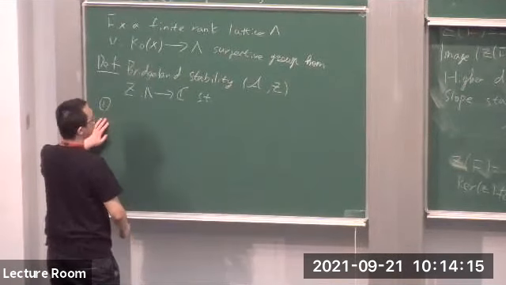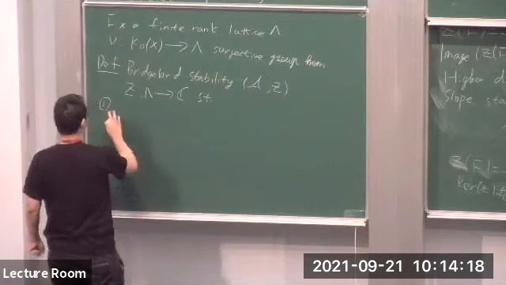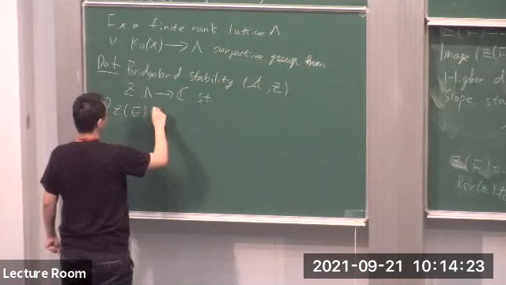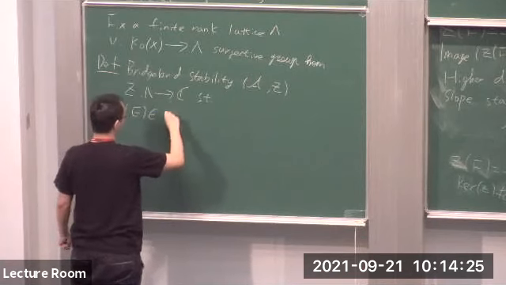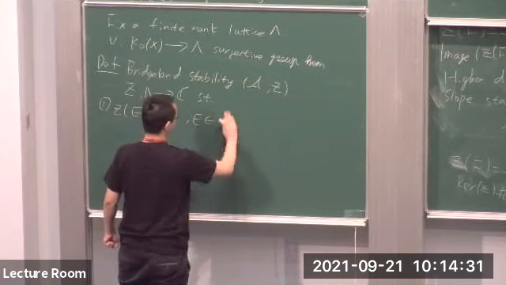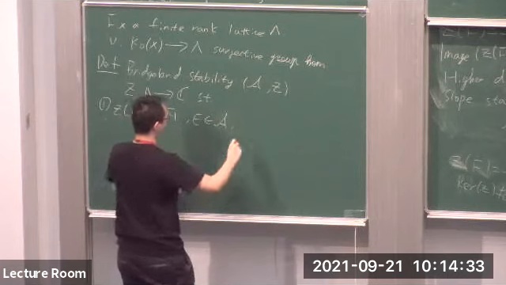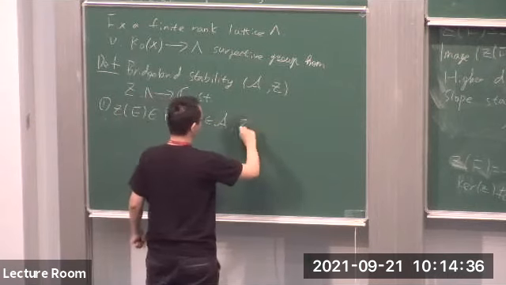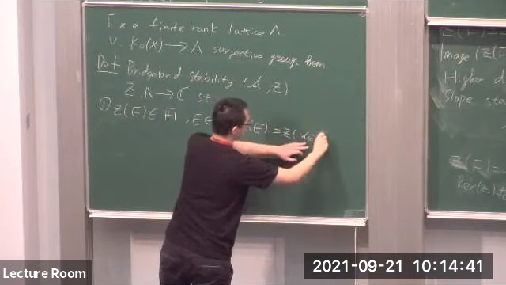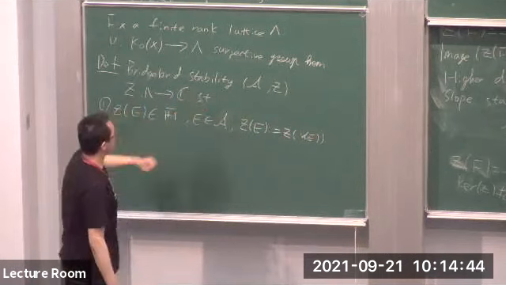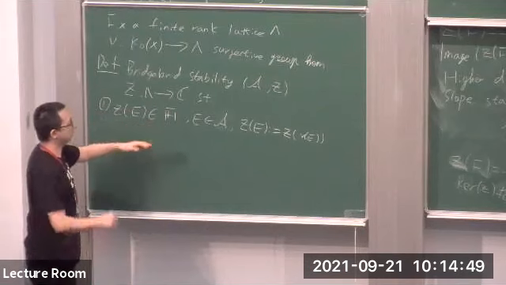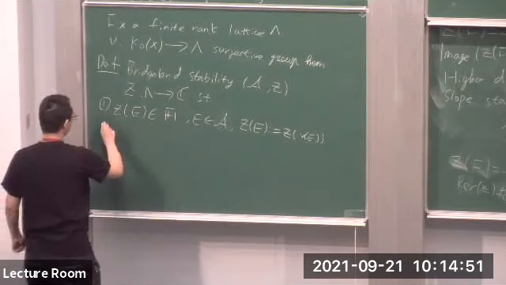the first one: Z(E) will be inside the extended upper half plane, where E is an object inside the heart. The notation Z(E) means that you take the map to the lattice first, and then you map into C. You require that everything in the heart is in the extended upper half plane.